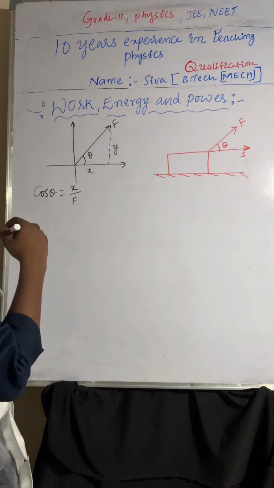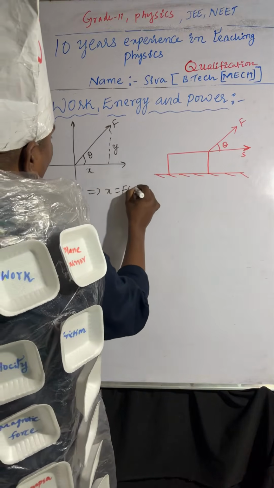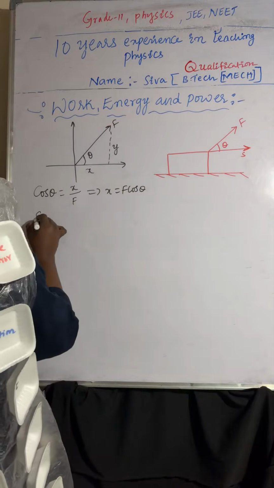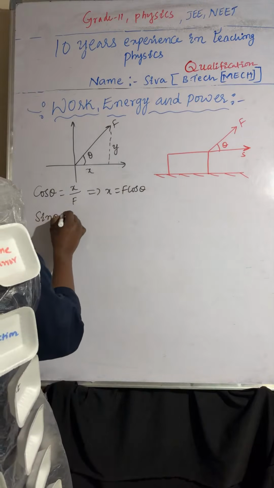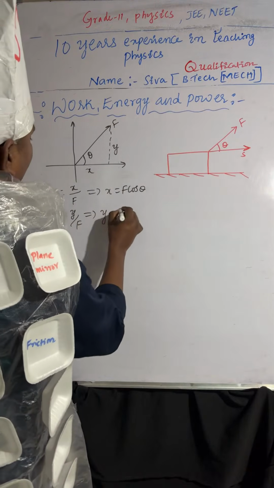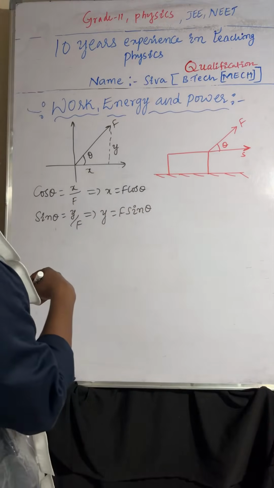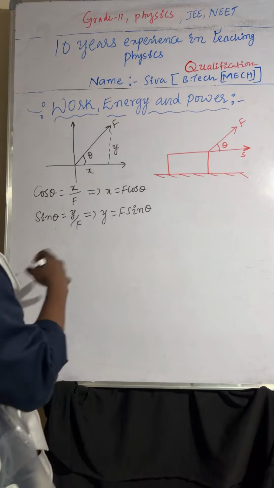Hypotenuse is the force. So x equals F cos theta. Coming to sin theta, it equals y by F, that is y equals F sin theta. Understood or not? F cos theta and F sin theta.